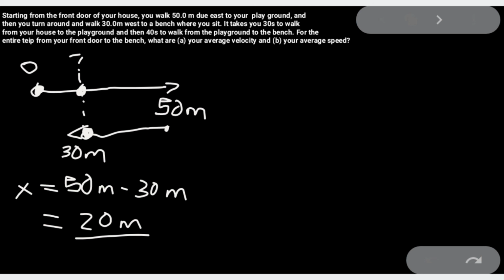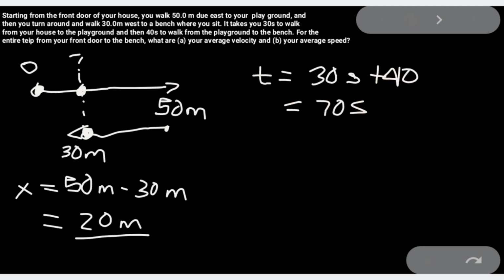Now, the entire time for the trip is 30 seconds from your house to the playground and 40 seconds from the playground to the bench. So we have a total of 70 seconds. So we can now look for the average velocity.